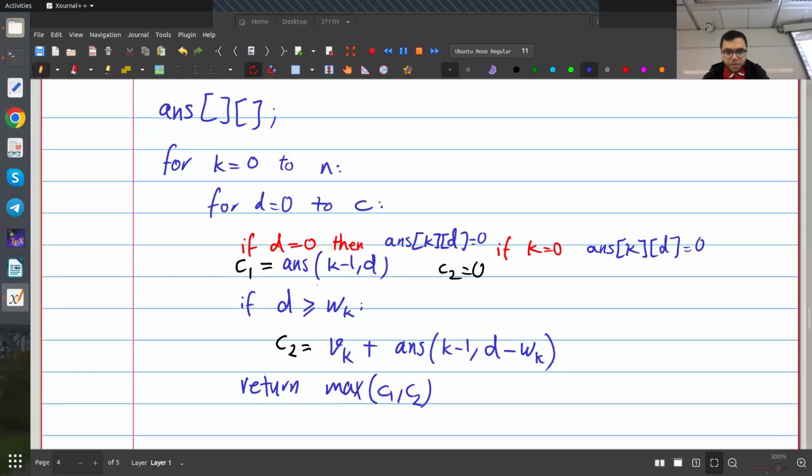Otherwise, C1 becomes the answer of K minus 1 and D. The only difference is that my answer is now an array. It's not a function, right? And this one is the same thing. Instead of calling a function, I just read it from the table. And that's it. At the end, again, I don't have a return, so here I have to say that the answer for K, D is this.